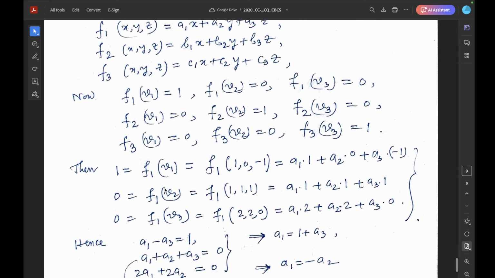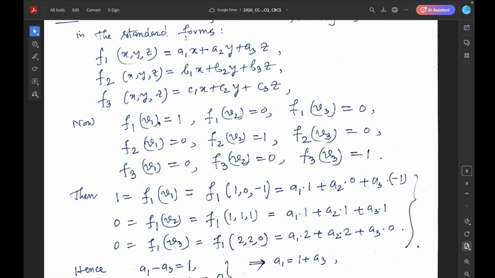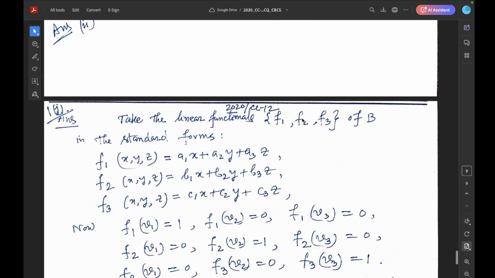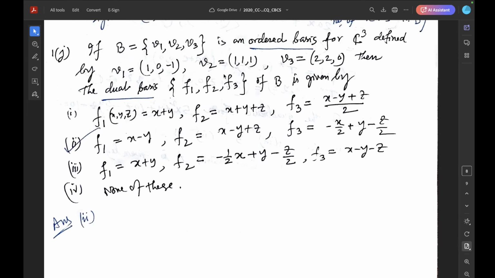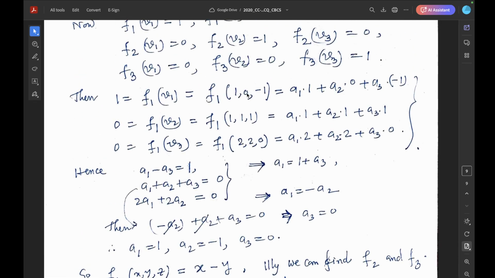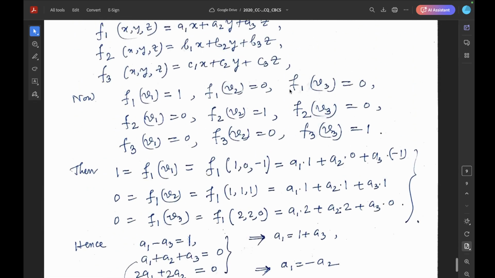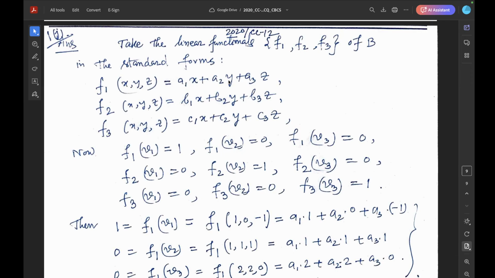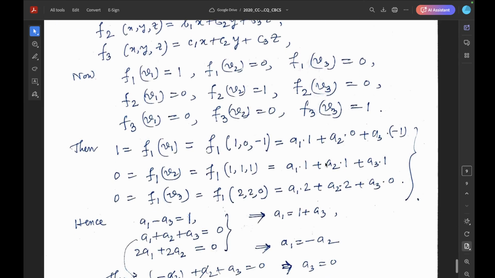So we can write this. Then f1 v1 equals 1, where the v1 vector is (1, 0, minus 1). So from f1 equals a1 x plus a2 y plus a3 z, we get a1 into 1, a2 into 0 plus a3 into minus 1.